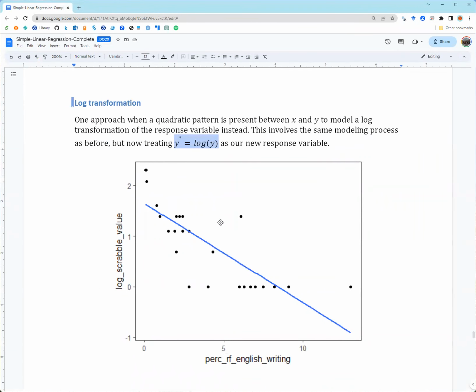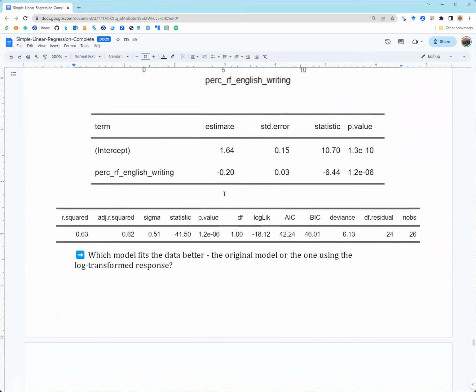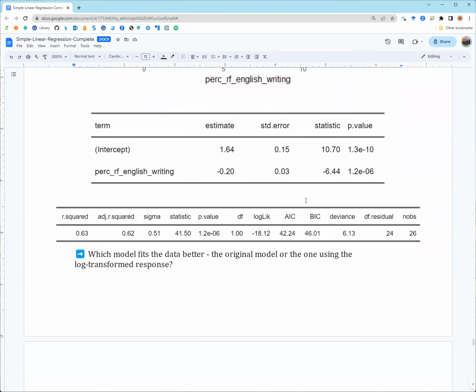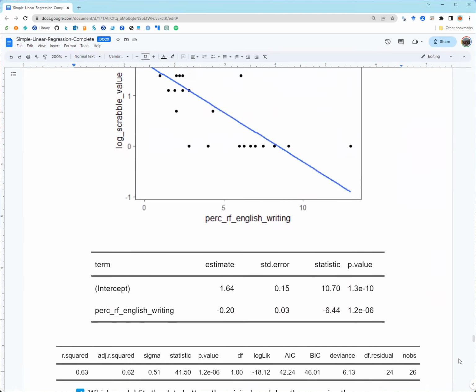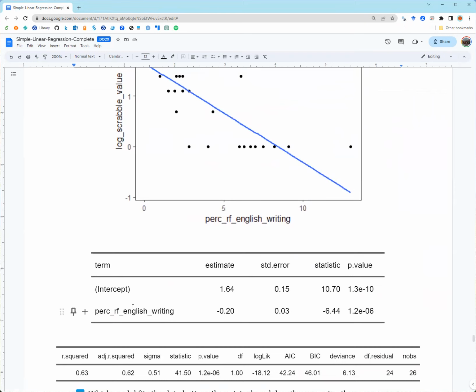So anyway, it's what people do sometimes. So here you can see when we did the log transformation, the relationship looks a little bit more linear than before. It's a little better. It's not perfect. And then we just have the new model estimates for the log transformed response. So notice our R squared is a little higher. That's good because in general, a higher R squared, a higher adjusted R squared, both are better.